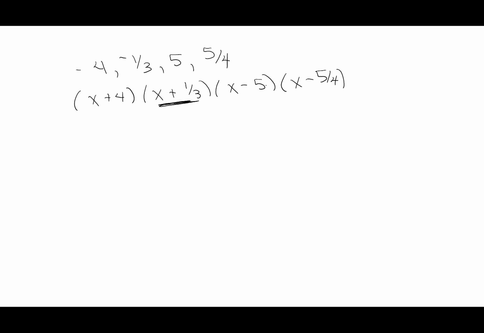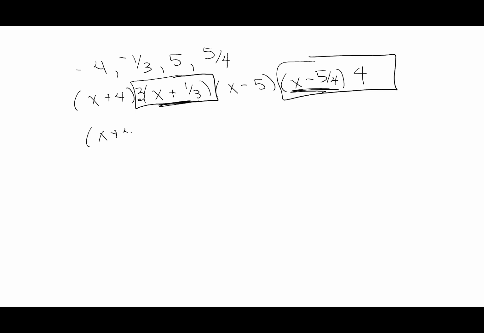I have two things that have fractions. I have a 1/3 and I have a 5 over 4. So I'm going to multiply a 3 through the x plus 1/3, and multiply a 4 through the x minus 5 over 4. I have x plus 4, 3x plus 1, x minus 5, and then 4x minus 5.